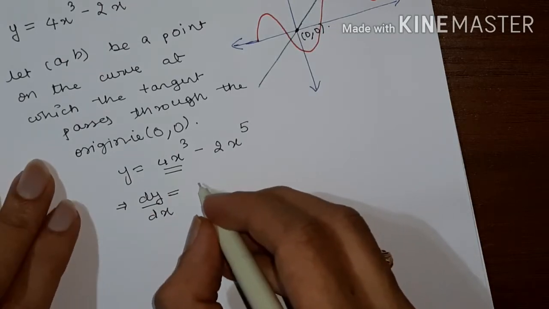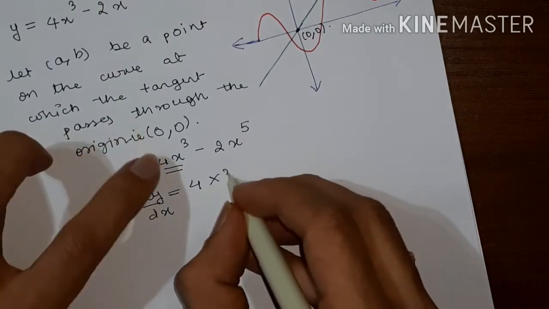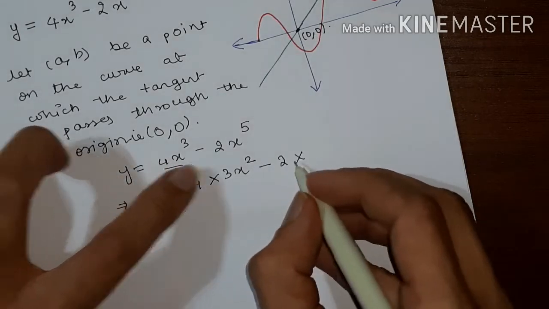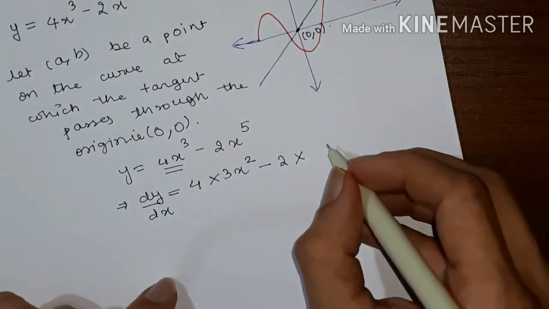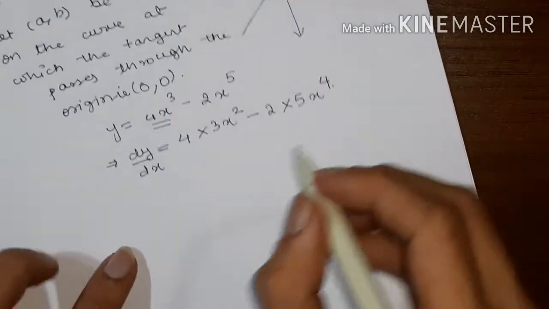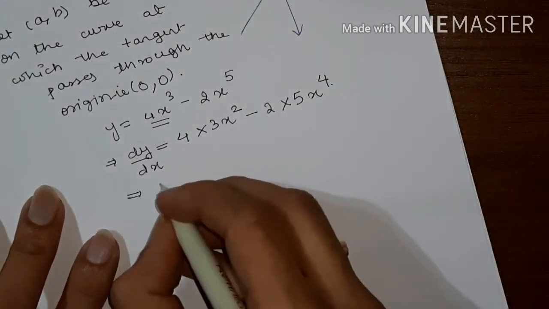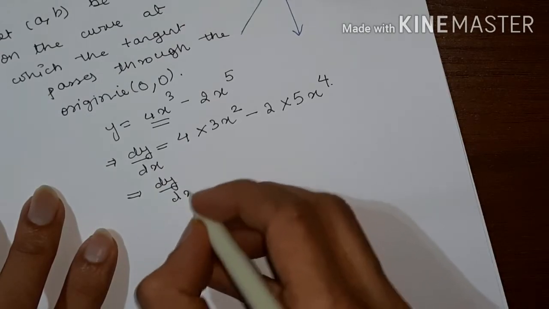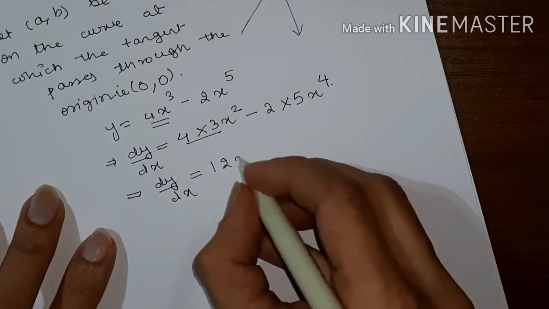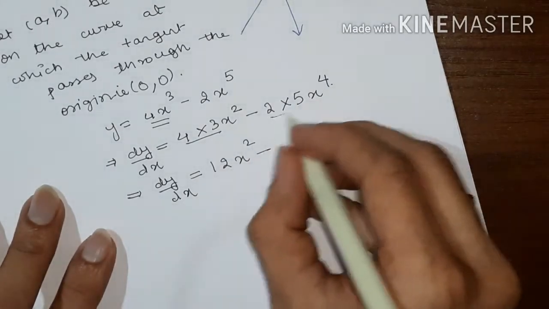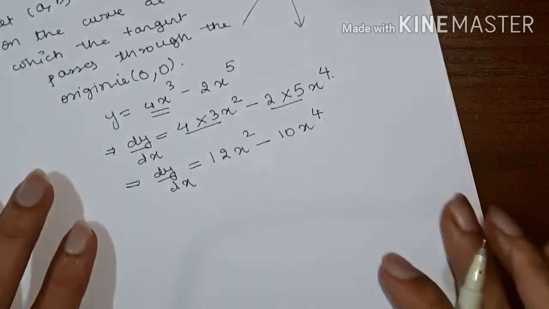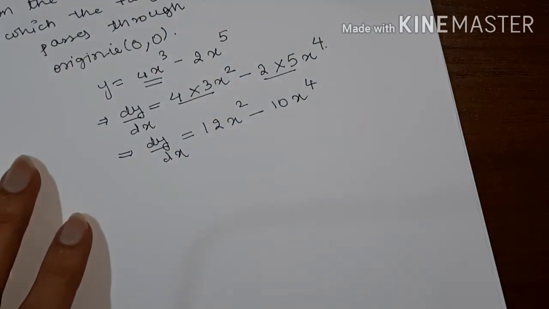Derivative of 4x cube is 4 times 3x square, minus 2 times derivative of x raised to 5, which is 5x raised to 4. So that means dy by dx is equal to 4 multiplied by 3, which is 12x square, minus 2 multiplied by 5 is 10x raised to 4. So this is what we have.